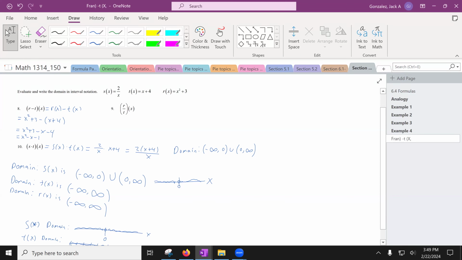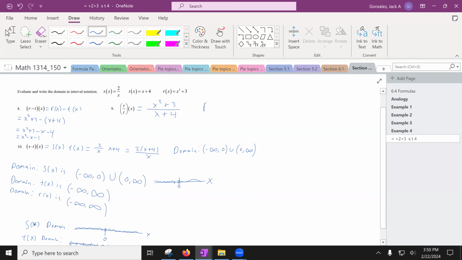Because once we do it, we have x squared plus 3 on top. I'm just dividing them. I cannot use -4, correct? Plugging in -4 makes the bottom 0. So together they have everything in common, but I can't use this.